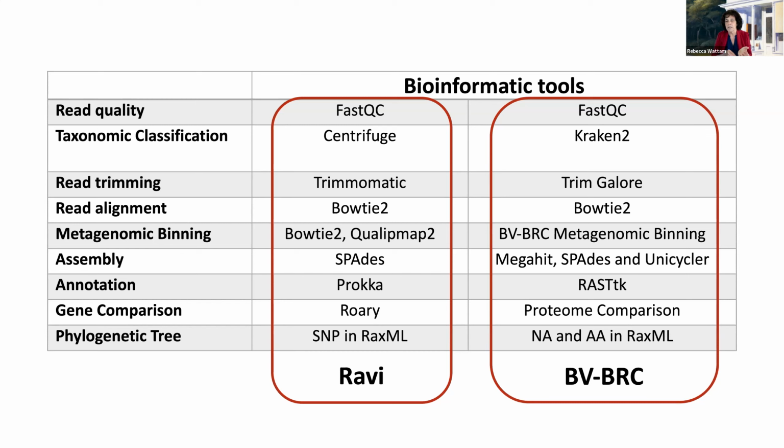And then for tree building, they did SNPs and RAxML, and we used nucleic acids and amino acids in RAxML. The one difference is all of the tools on the right are united within our resource, so it's a seamless way. You don't have to change any of the data between any of the different steps because it's all united seamlessly.